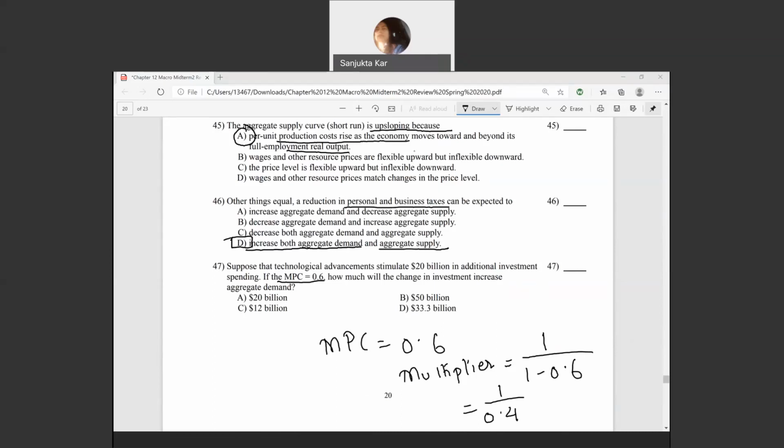And this is equal to 2.5. Now the initial investment is 20. So how much will this change here? My answer will be 20 times 2.5, and this one is equal to 50 billion. Okay.